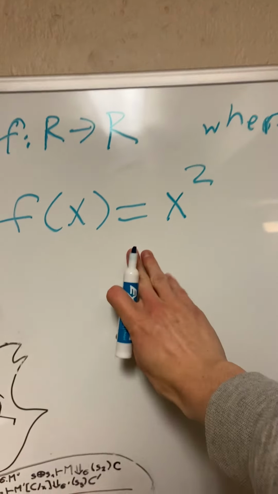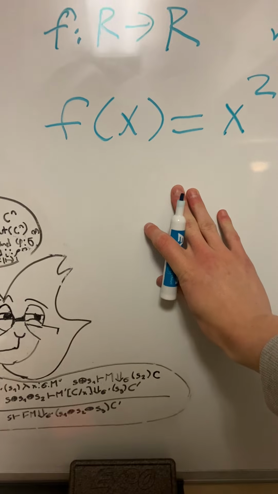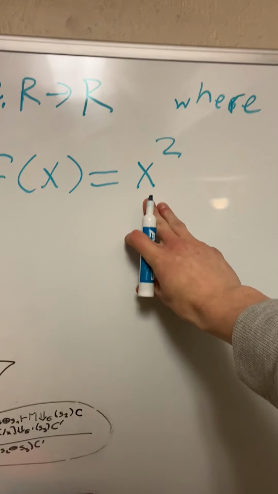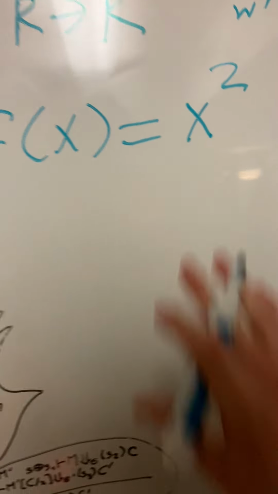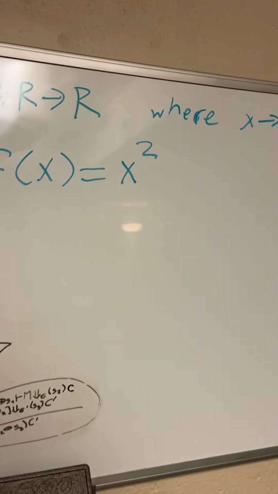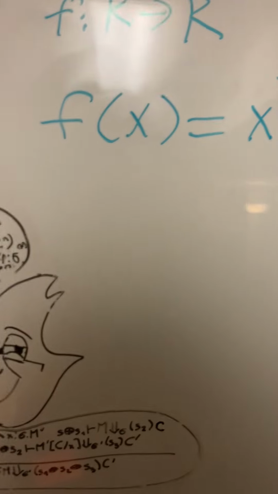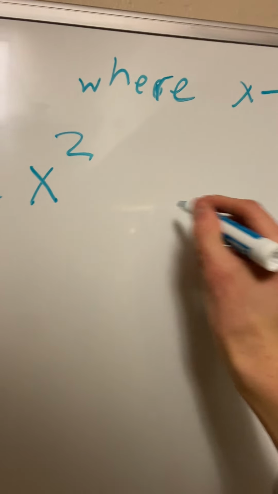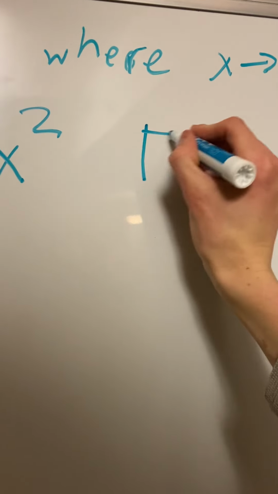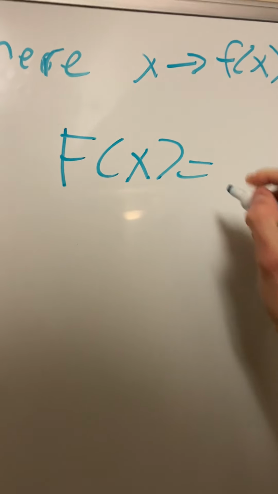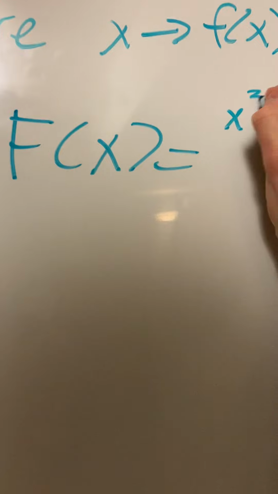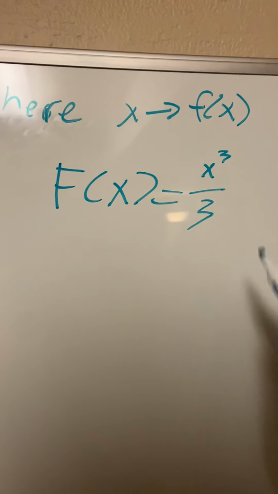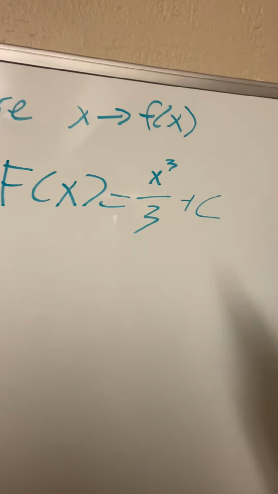So now we want to reverse engineer this. We say, okay, can we figure out that this is the derivative of something? So that's what we do. And as you probably know, the integral of this is x cubed over 3 plus c.